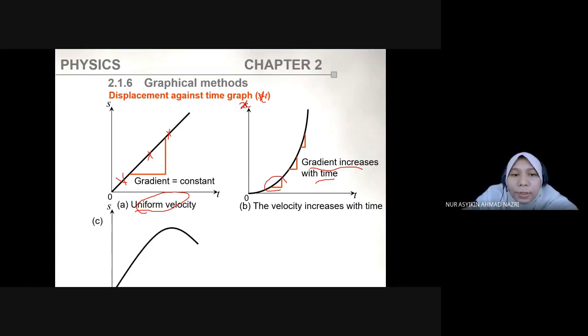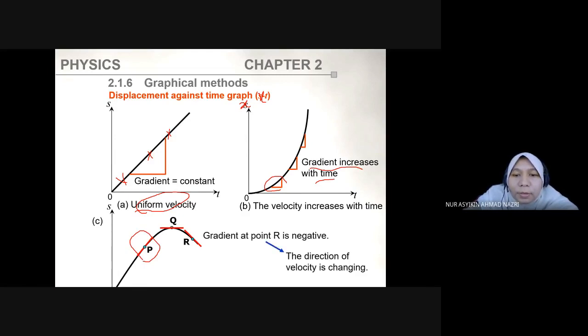Okay, so for this case pula, okay, at first, okay, we put 3 points. So P point yang macam mana? So dekat P ni mungkin increase. Okay. Alright, so R is negative. So the direction of velocity is changing.